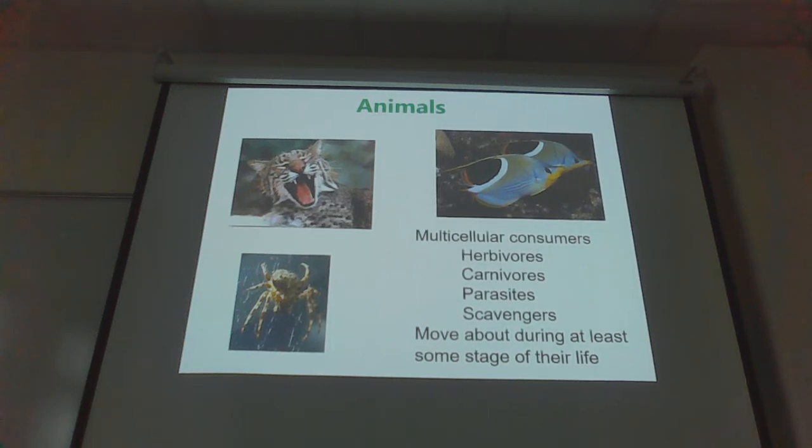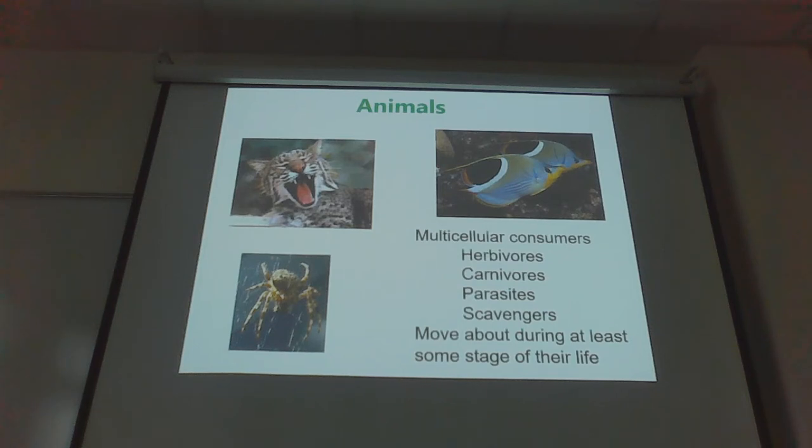There are some animals that are parasites. They don't really eat another animal, but they live in symbiosis with another animal, and they take advantage of the other organism without really killing it, maybe creating a lot of discomfort. And then there are the scavengers that like to eat animals that are already dead.